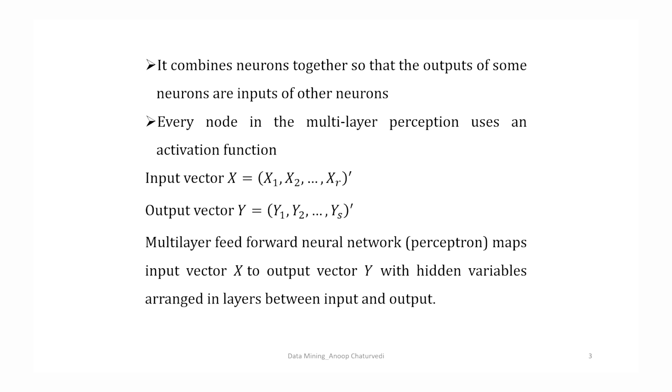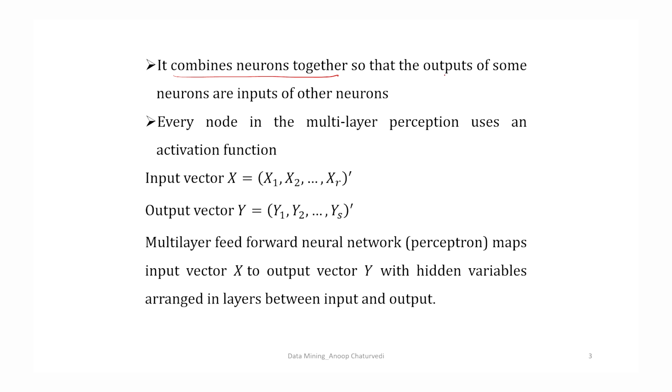So, then it combines neurons together, so that outputs of some neurons are inputs of other neurons. So, initially you have the input layer. In input layer, we do not do any computation, except if you want to use some kind of transformation or you want to use some scaling, etc. and then we combine the neurons together, and then we move to the next layer.